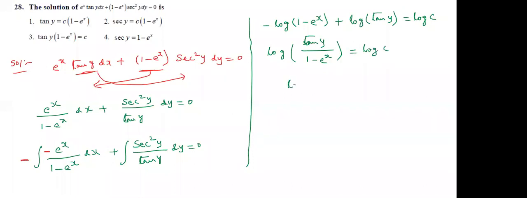Now tan y divided by 1 minus e power x is equal to c. Now what is the answer? Tan y is equal to c into 1 minus e power x. This is the final answer. So first option is correct.